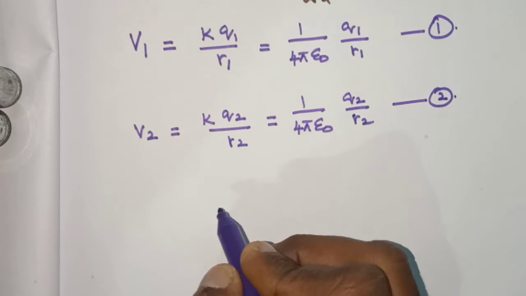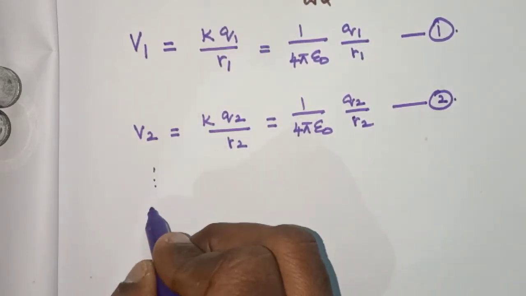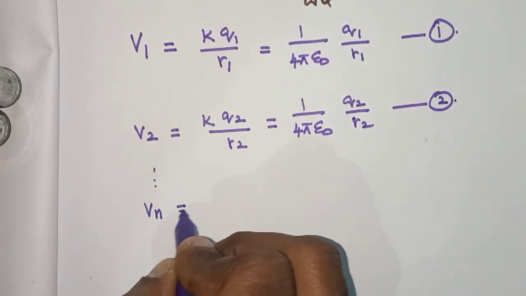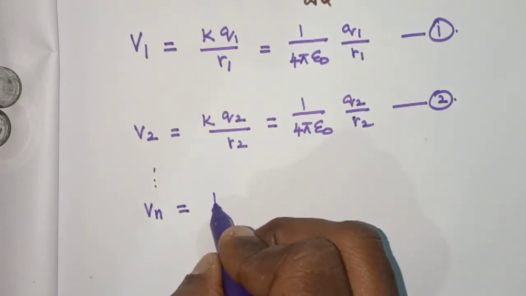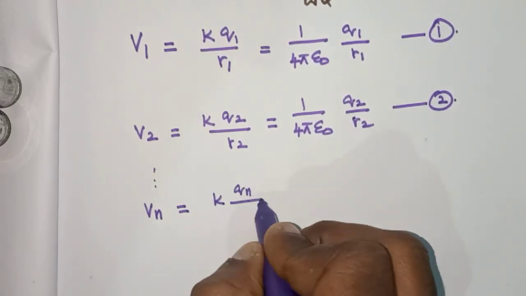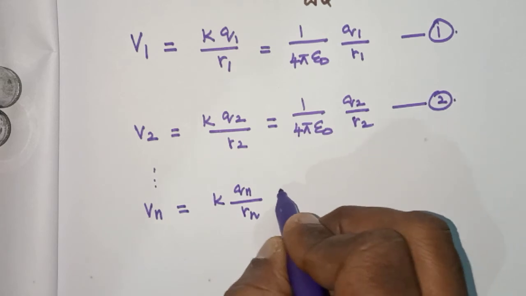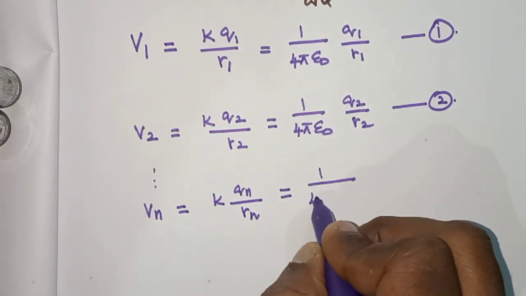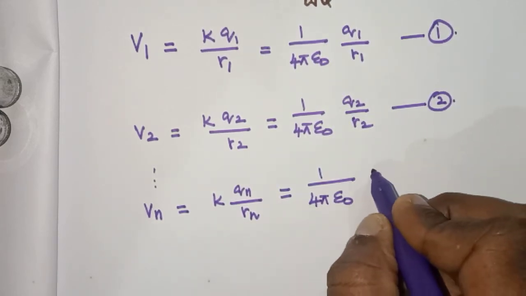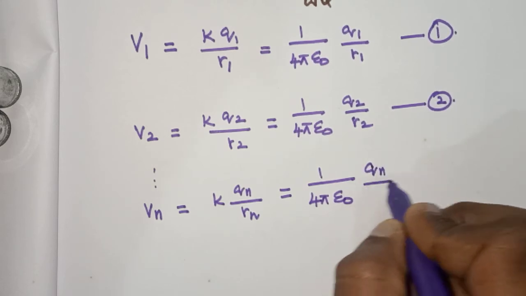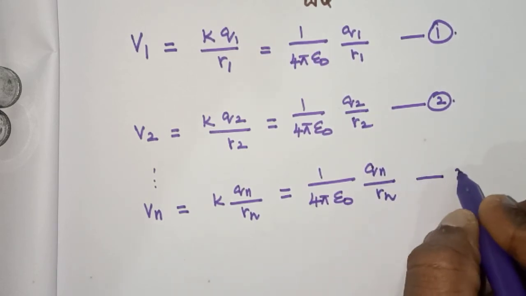Okay. Next, similarly Vn is equal to K Qn by Rn, that is 1 by 4 pi epsilon naught Qn divided by Rn.